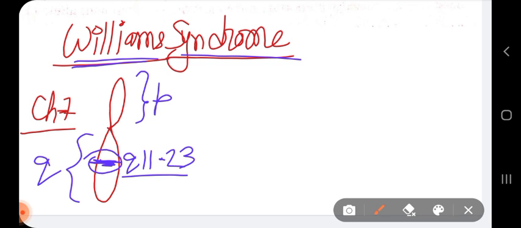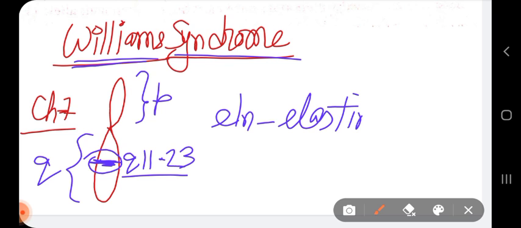Q11.23 consists of a gene called ELN, which codes for a protein called elastin.